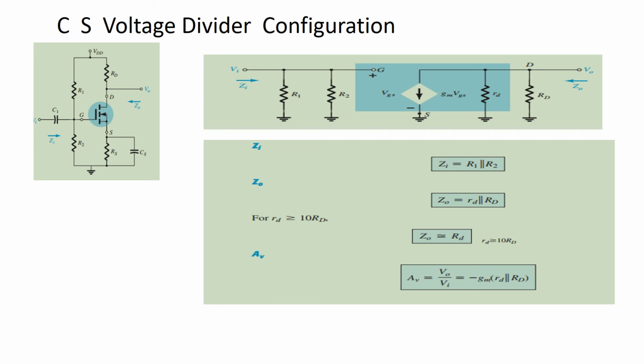When you are drawing an AC analysis, first you start with an ideal network, second step. So the ideal network over here is given by a device, that is EMOSFET. So you draw this, which is shown in the square. It will be common almost in all the biasing circuits. So gm VGS, a current source in parallel with the resistance Rd. So your input impedance, now we are going to find out the input impedance.